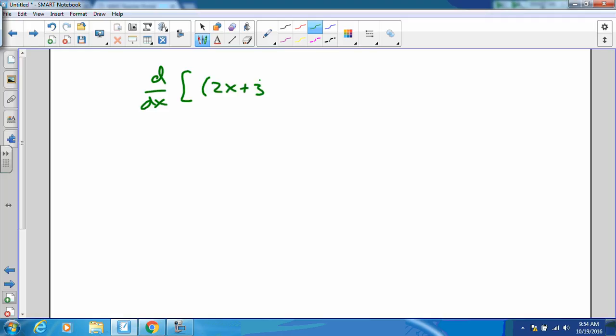The same thing happened with the one Cliff asked about: the derivative of (2x plus 3) squared. Here's where I need to be really clear. This looks like a power rule, but it is not exactly. Our power rule is literally d/dx of x to the n equals n x to the n minus 1.